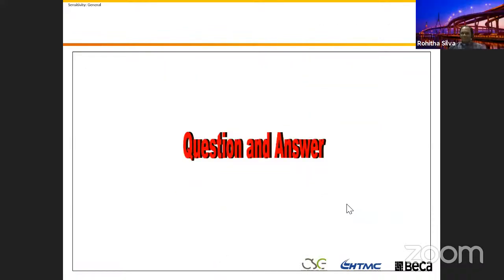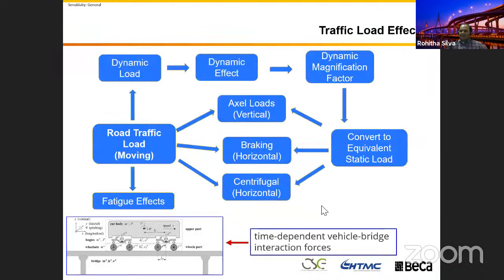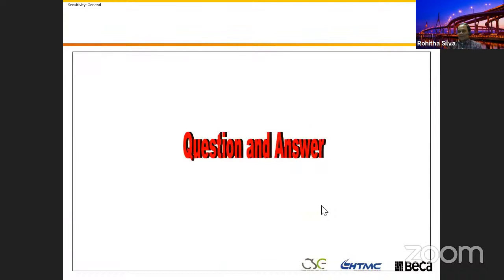Any more questions? If not, during the weekend I will send it to you, covering part 1, part 2, part 3, sessions 1, 2, 3. This is the bridge design part 1.